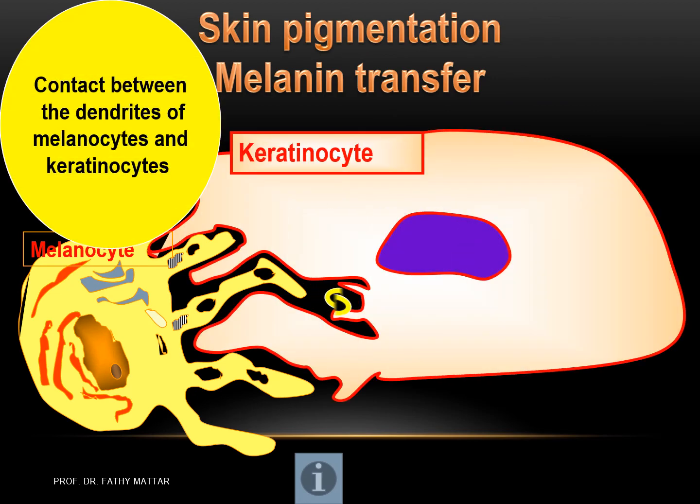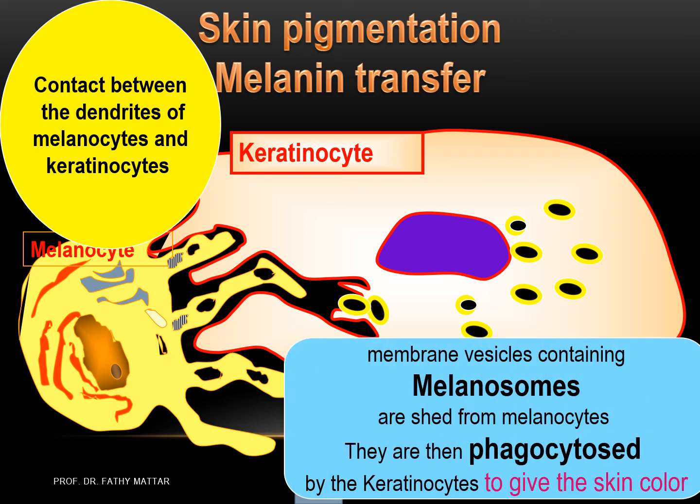How does this occur? The melanocytes have dendrites which are in contact with keratinocytes. They send their melanosomes into the dendrites, and the keratinocytes phagocytose these melanosomes to form the skin color.